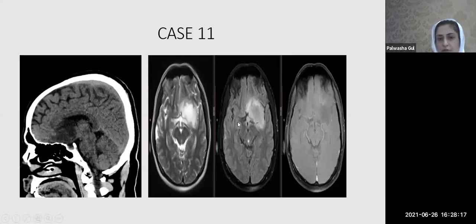So T2 FLAIR mismatch, if you open Radiopaedia, they say that T2 FLAIR mismatch, of course, is used for a glioma, but if you see a T2 FLAIR mismatch, as in this case, you can tell your neuro colleague, or maybe in your report, you can say that I think we are dealing with an astrocytoma, and I think we are dealing with grade 2 astrocytoma, which is IDH mutant, because this is what the T2 FLAIR sign tells you, okay?